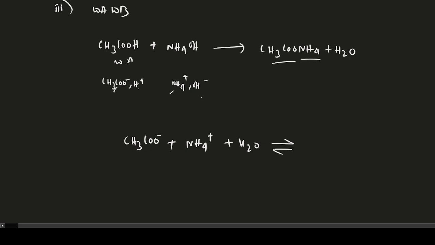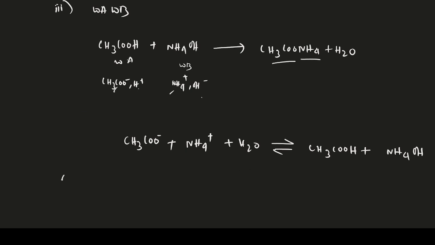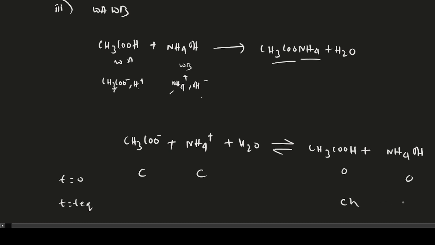That will give CH3COOH plus NH4OH. Both of these come from weak components, because both are weak acid and weak base. If at t equal to 0 I take C, and this also C, then this is 0, 0. At equilibrium, let's say the amount hydrolysed is C h, then this is C minus Ch, C minus Ch.